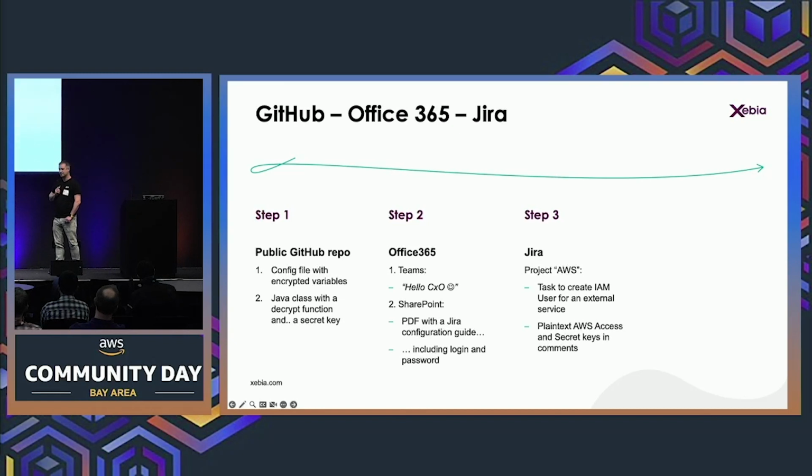And there was a comment to that task. Here you go, there's an access key and there's a secret access key. That easy, admin access starting from a public GitHub repository through Office 365, Jira, finally AWS. Many small misconfigurations linked together, chained together, gave me access to someone's AWS account.